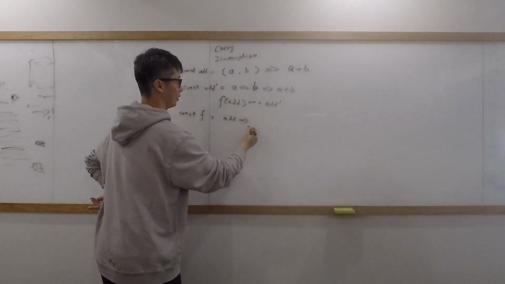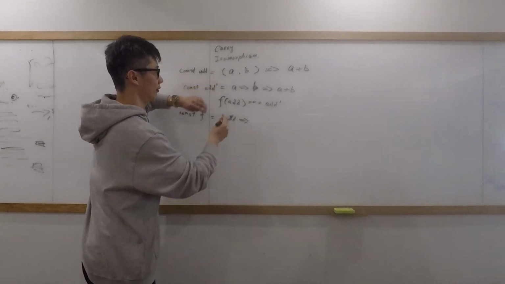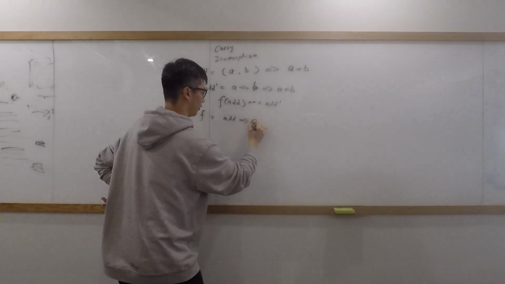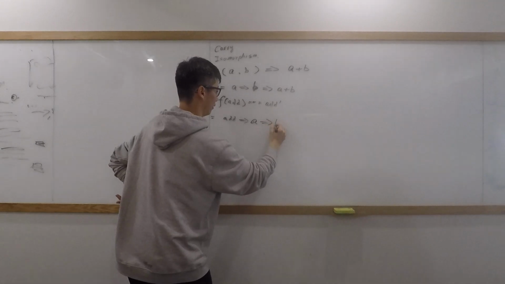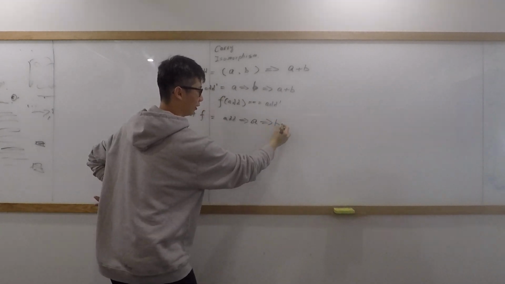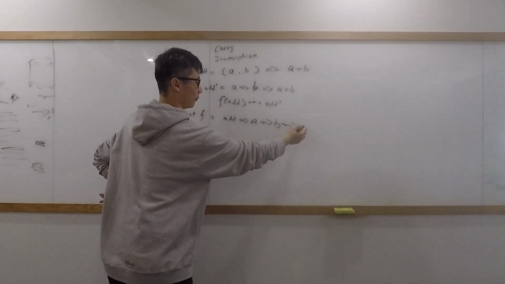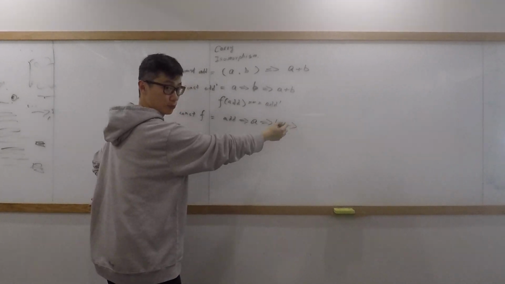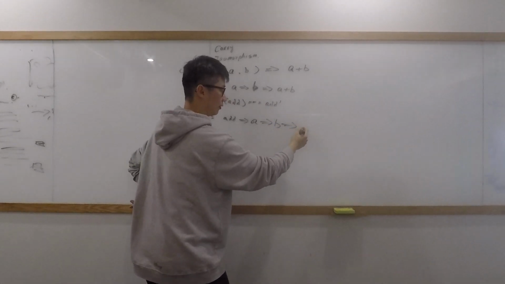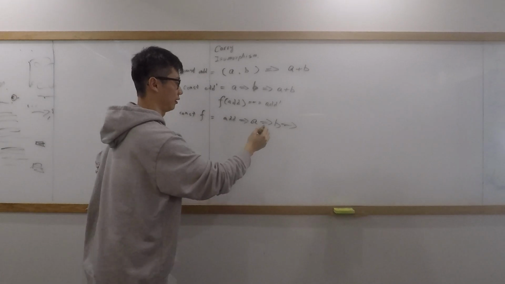What I need to do is take A, and then take B, and then I need to produce a result. Return A plus B.